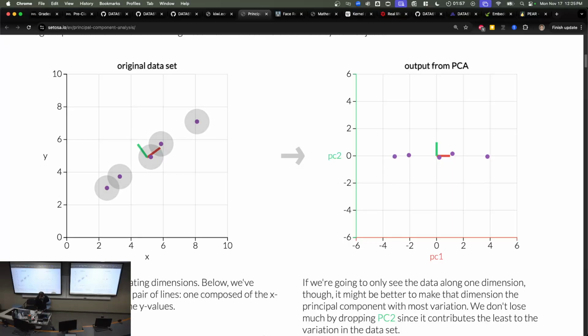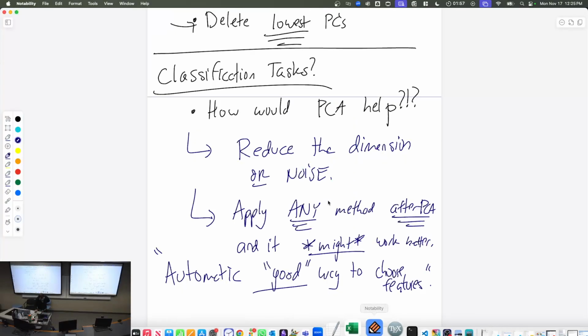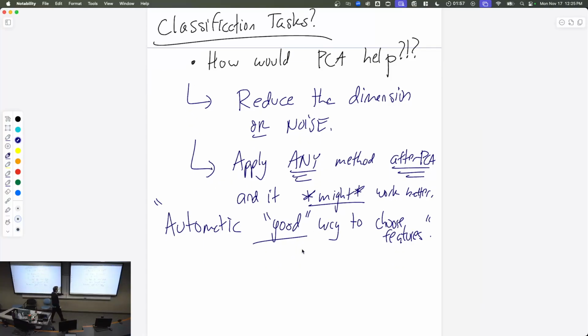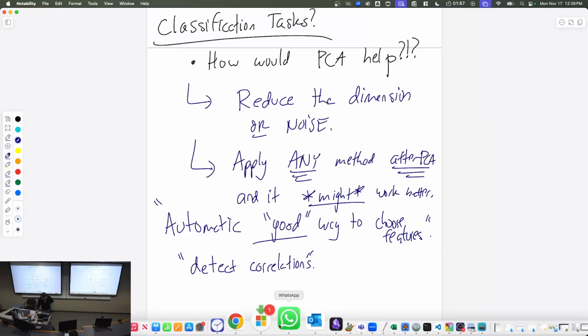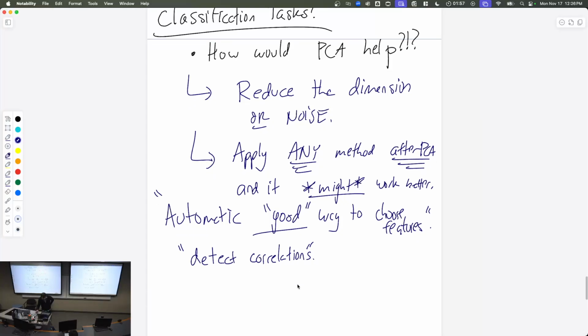Okay, so where are we? We've written it's good for classification because it can automatically detect correlations. So somehow detecting correlations is built into the structure of maximizing. That's classification. Oh yeah, there was one other thing I want to write.